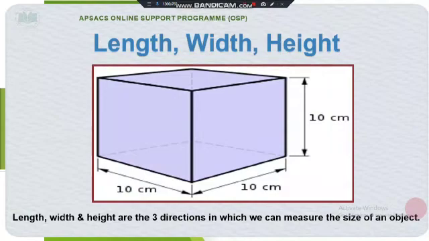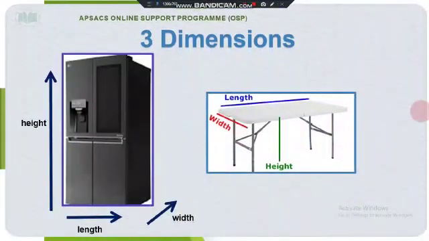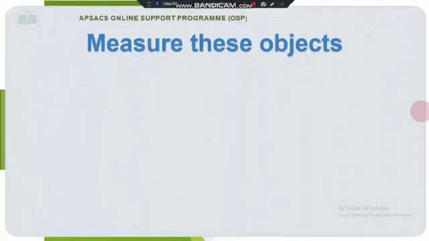Now you can see here I have a box, a container. Its length is 10 centimeters, its width is 10 centimeters and its height is also 10 centimeters. So what is it? Yes, it is a cube. Good. Now the three dimensions are measured for different objects like a refrigerator, table and many more things.